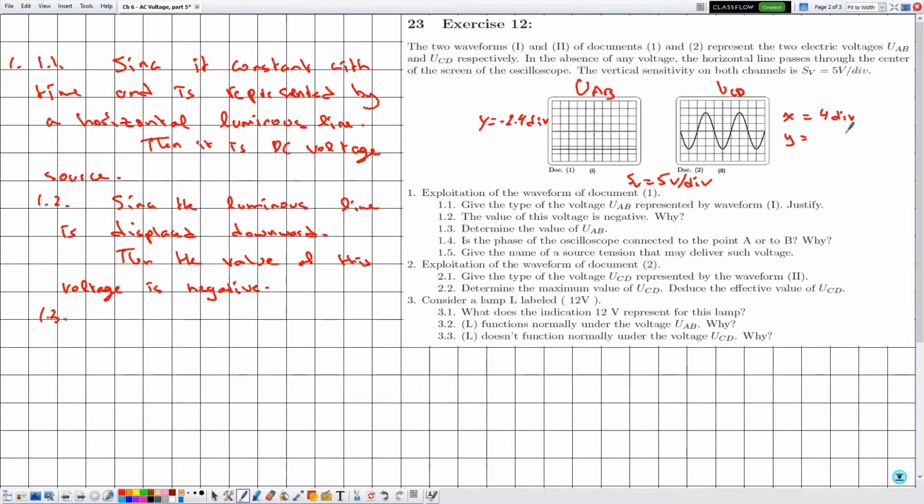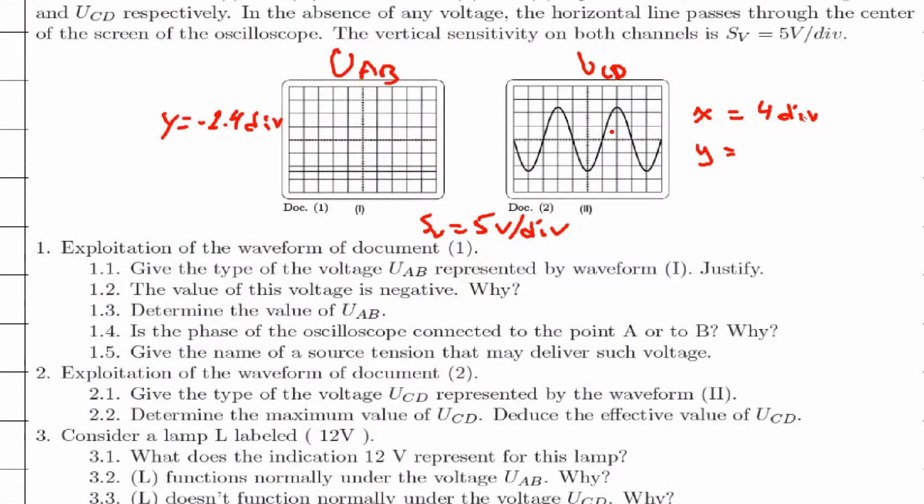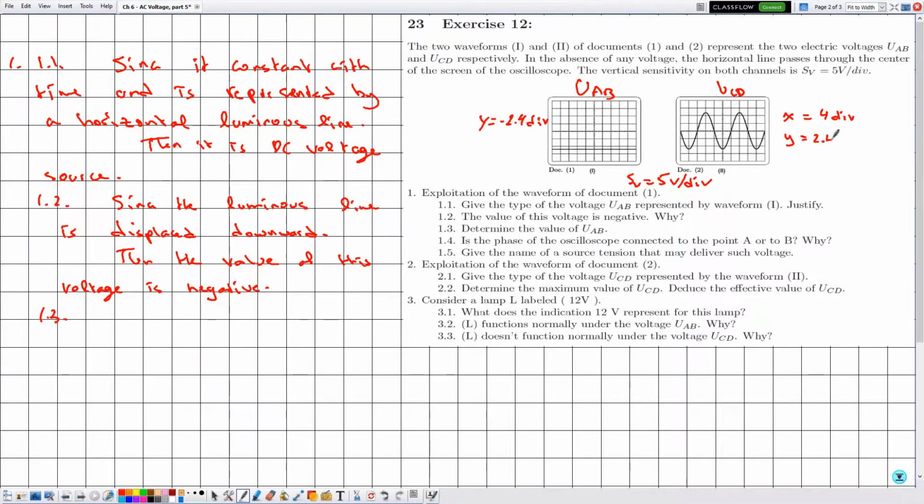As for y in this case, y is always positive and it's given by 1, 2. If we consider the ruler and project this point along the y-axis, it is along 2.4 divisions. Using the ruler on your notebooks, the reading will be more accurate.